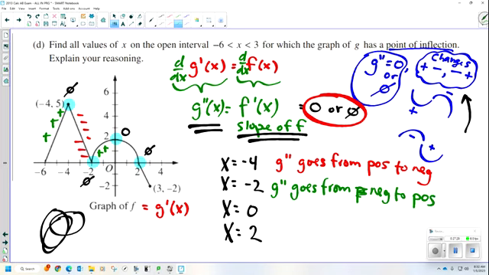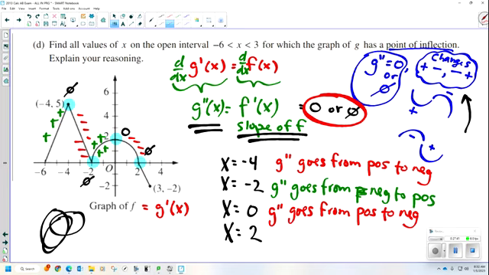All right, so that's a good one. Let's look at 0. At 0, I'm going from positive. I hit that horizontal slope, and then I go to negative. So it's the same thing as I wrote for -4. G double prime goes from positive to negative.